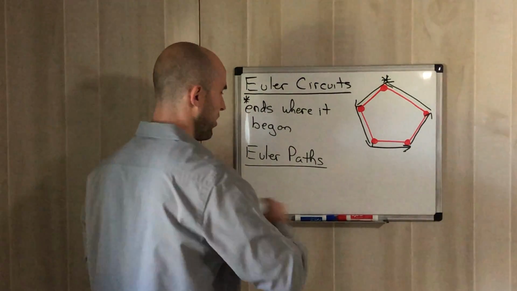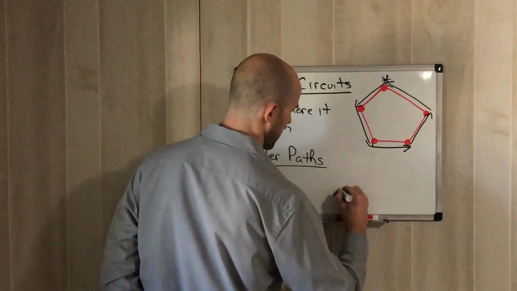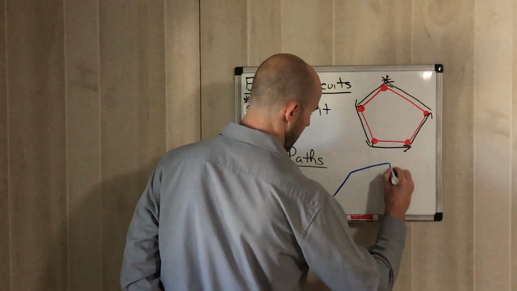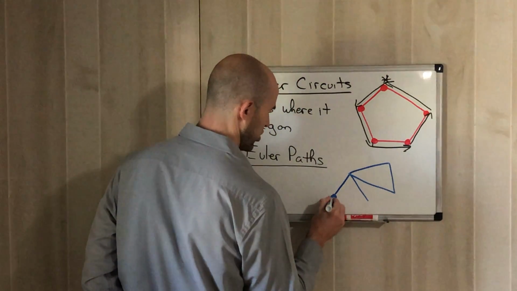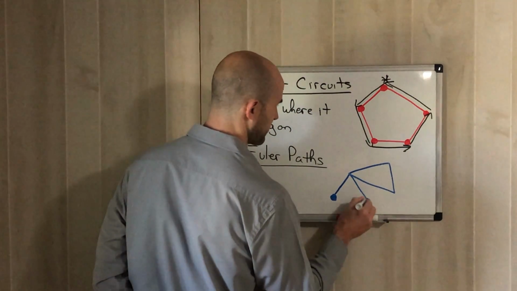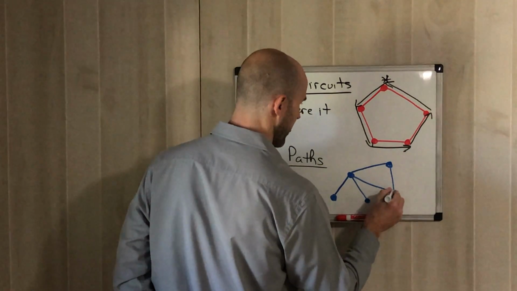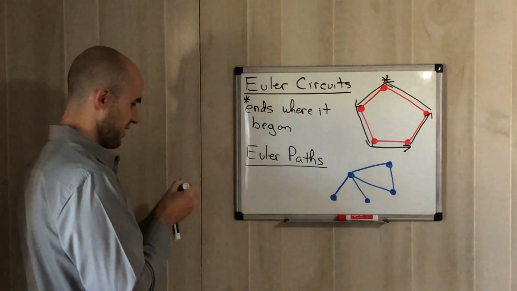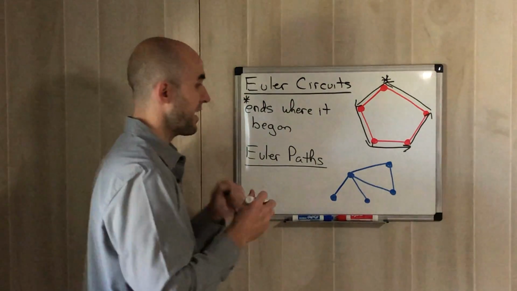When it comes to an Euler path, let me show you here. An Euler path would be something like this, and I'll show you why. For it to be an Euler path, you have to always pick a starting point. It doesn't matter where.